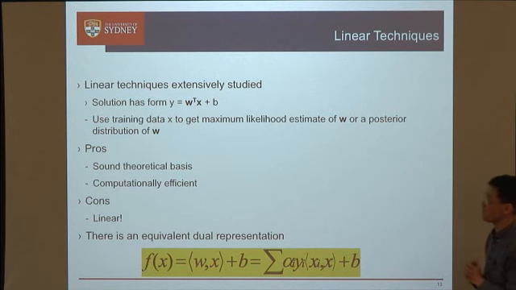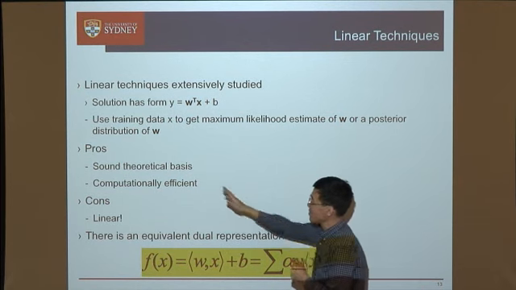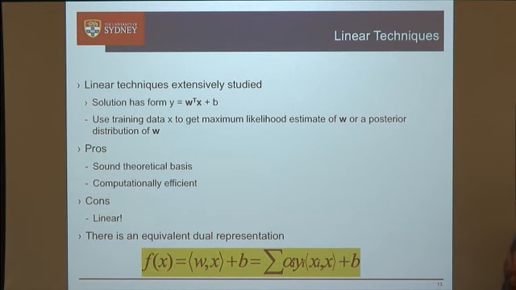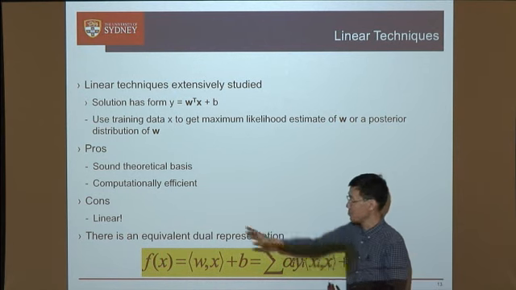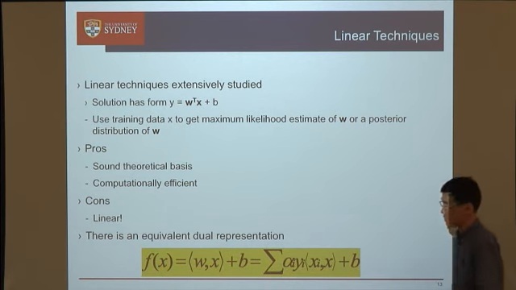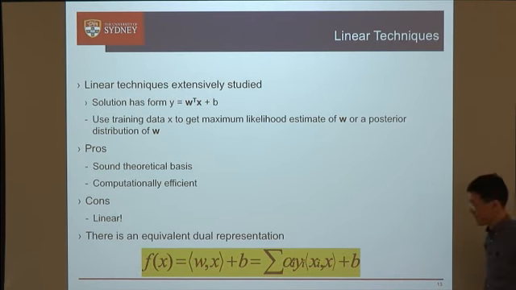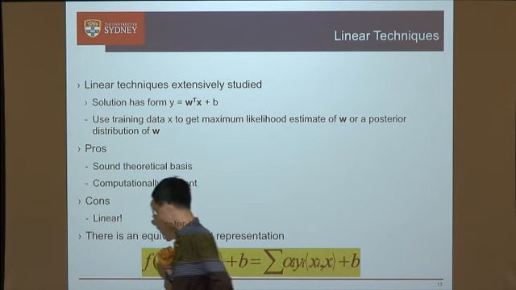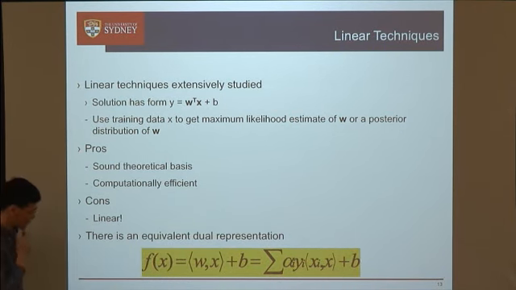The advantages of this approach are that it has a sound theoretical basis and it's computationally efficient; in fact, it could be argued computers are optimized for exactly this problem. The disadvantage is that you can only find linear solutions. Now, there's one piece of mathematics which is really nice, helps us in our FPGA designs, and is key to what we're doing.